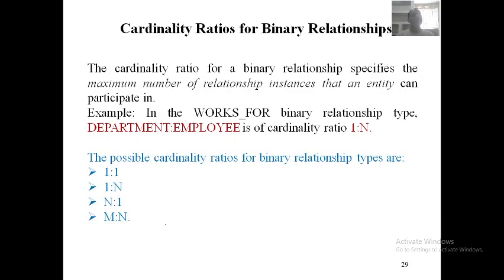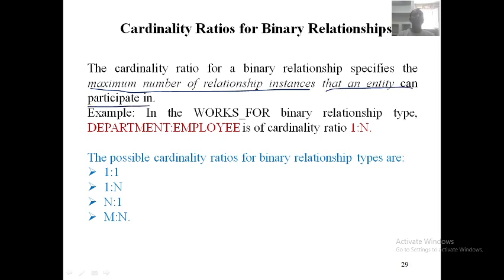Now, cardinality ratio for a binary relationship. The cardinality ratio for a binary relationship specifies the maximum number of relationship instances that an entity can participate in.